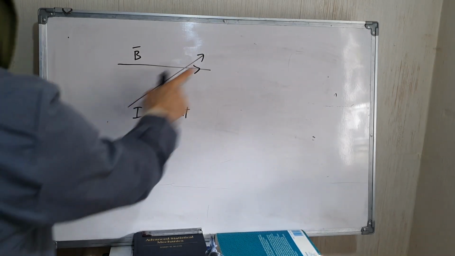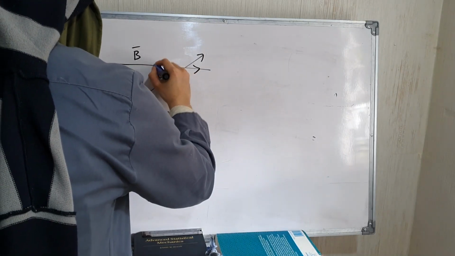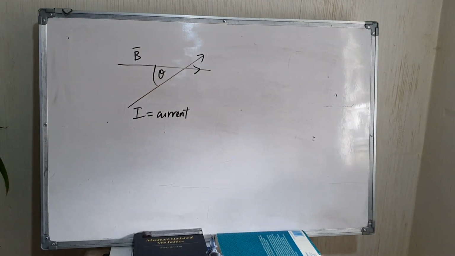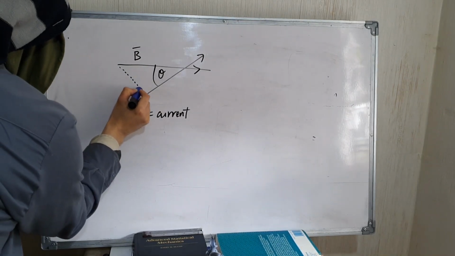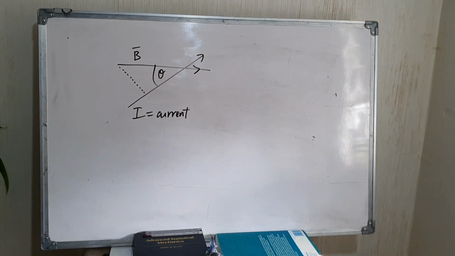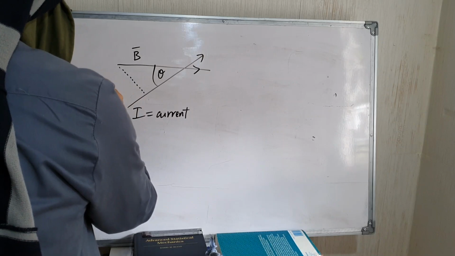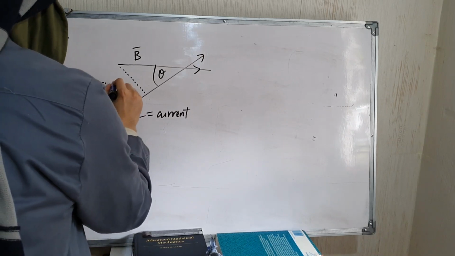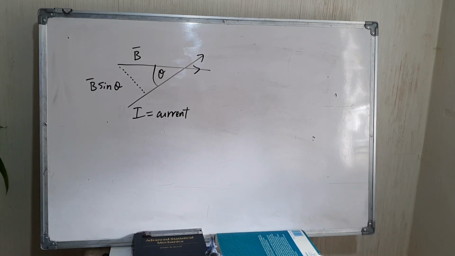You've got current going in, and suppose the angle is here. Now you need to work out the perpendicular component, don't you? So the perpendicular component is sine. So that is B sine theta.